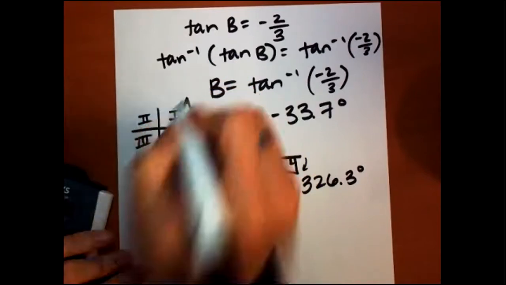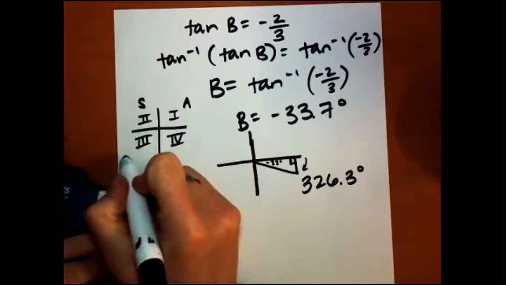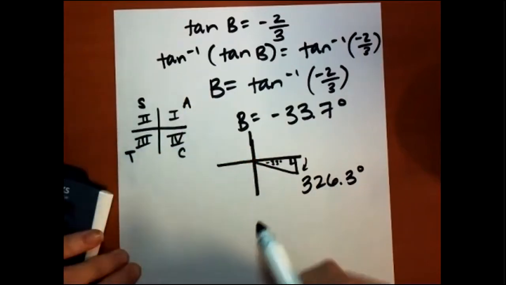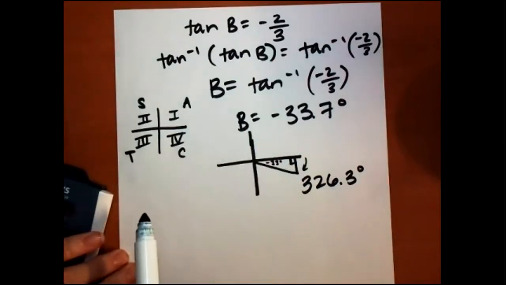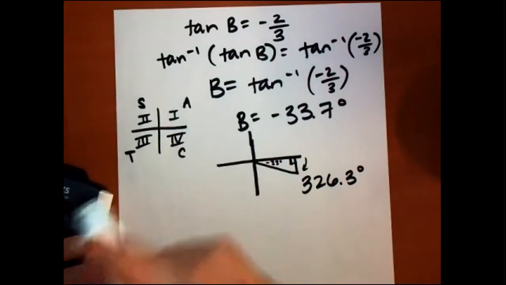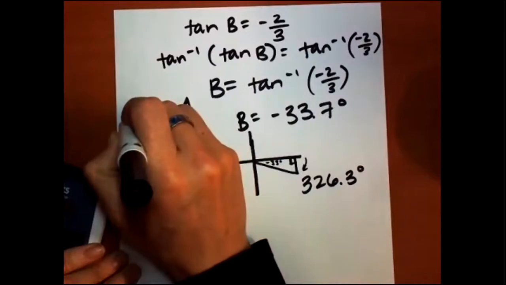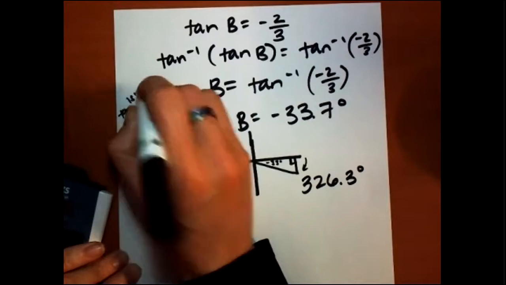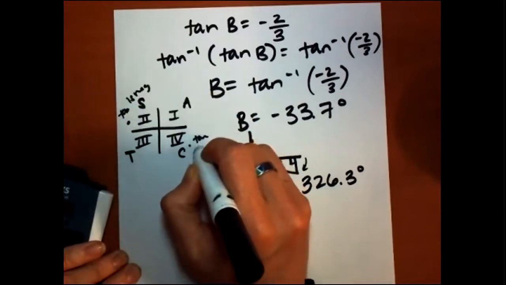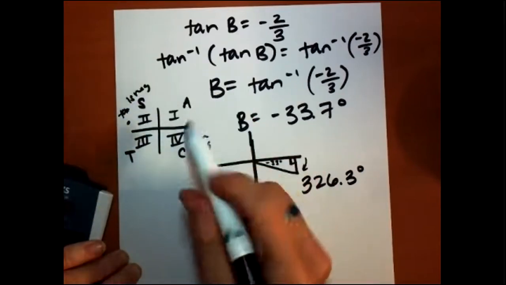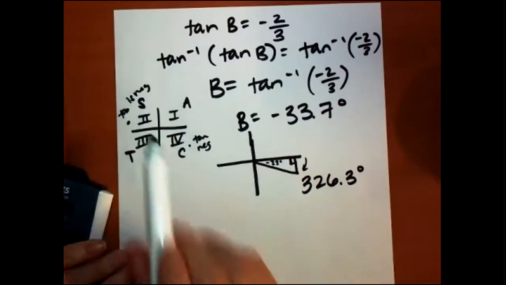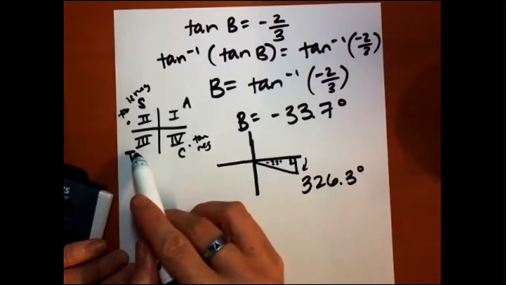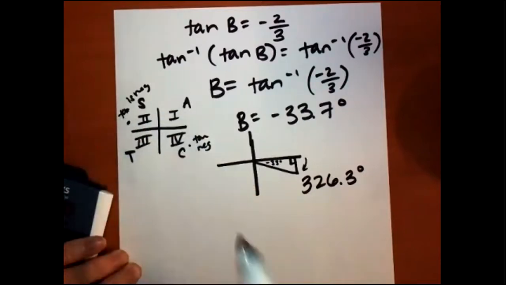Remember, all of them were positive here, sine was positive here, tangent was positive here, and cosine was positive here, which means that tangent is negative in the second quadrant. Tan is negative here and tangent negative here. Okay, negative in the fourth and the second quadrant because all were positive in the first and tangent's positive in the third. So it must be negative in those two other places.